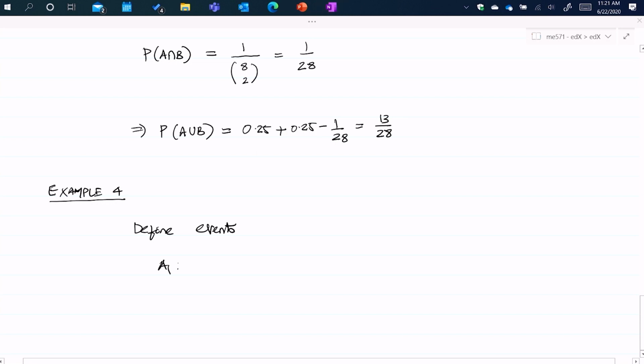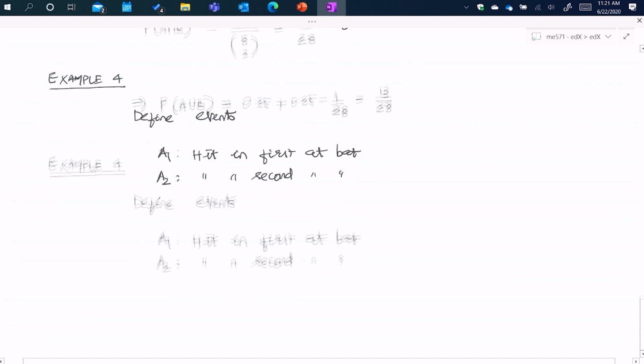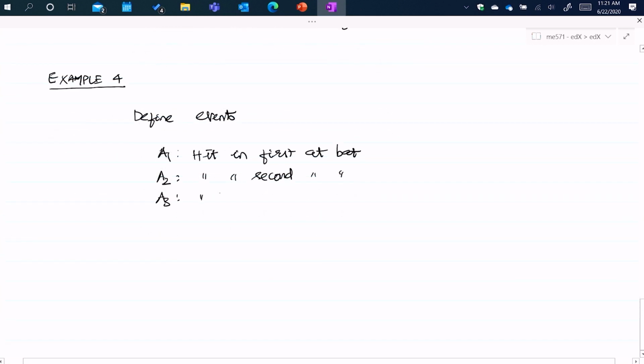Let's define A1 as hit in first at-bat, A2 as hit in second at-bat, and A3 as hit in third at-bat. So these are simple events.